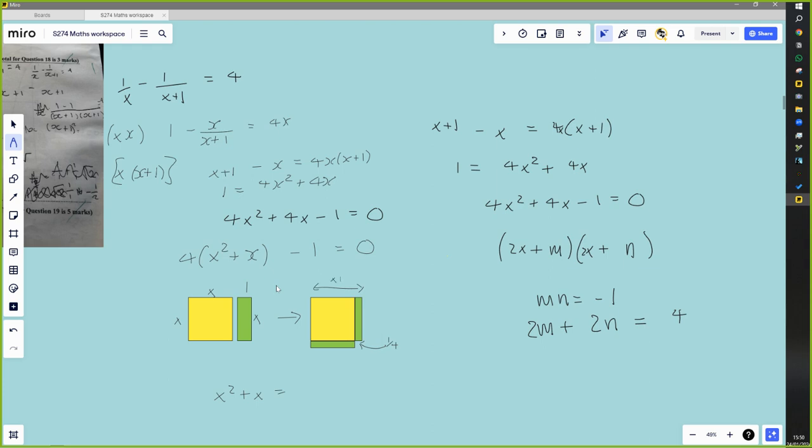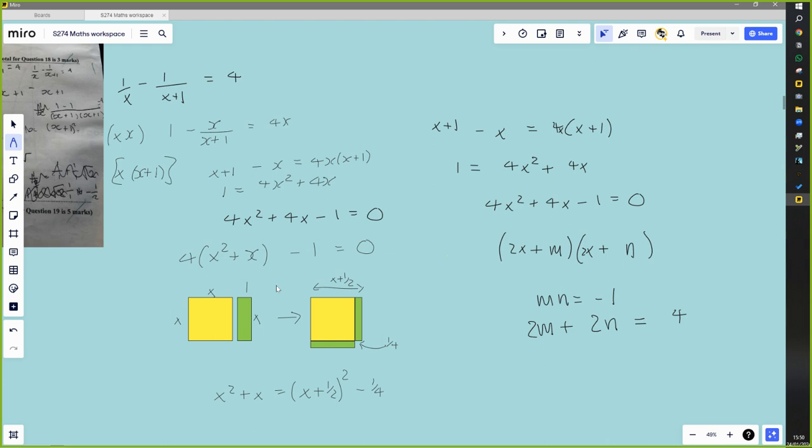So this is x plus half. The dimensions are going to be x plus a half, all squared, but we have to minus this little quarter. So that means this bit here could be rewritten as this.